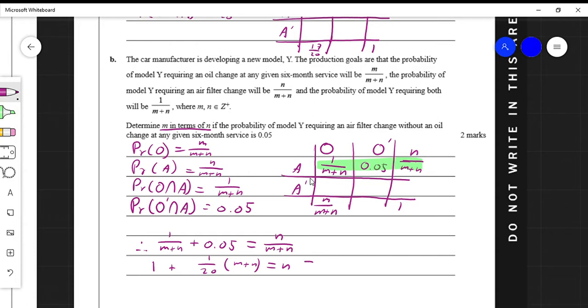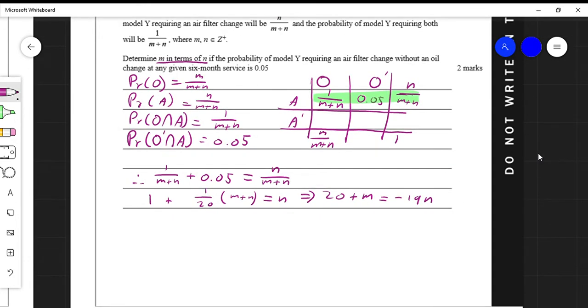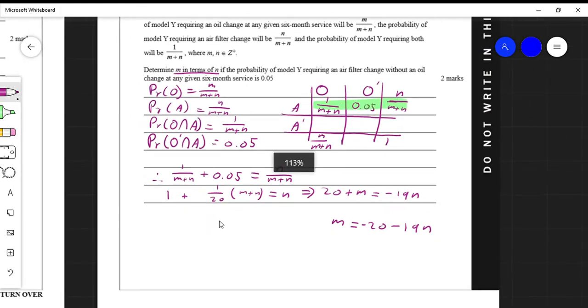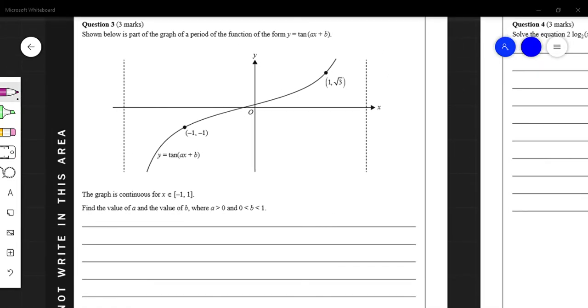And then this, if we rearrange this, gives us 20 plus m equals negative 19 n. And so we need to get m in terms of n, so all we need to do here is move the 20 to the other side. So m equals negative 20 minus 19 n. So there's that question there. So not too bad so far.